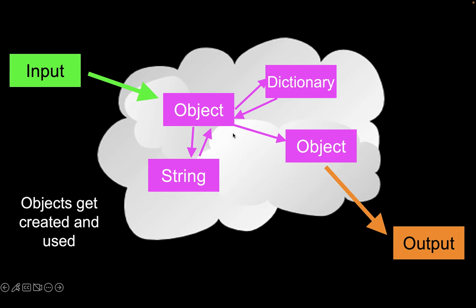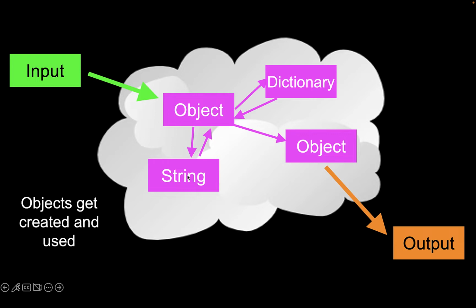Okay. And we can also see, and this is an important part of the artwork here, that these objects have particular interfaces, right? So between this object and the upper left, it has a relationship to dictionary, and it looks like it sends some input to dictionary and it gets some output from dictionary. Okay.